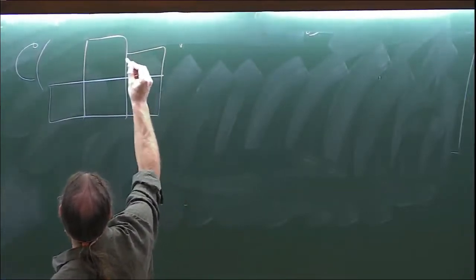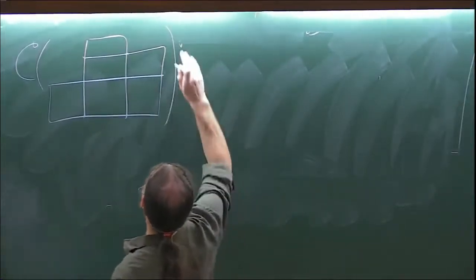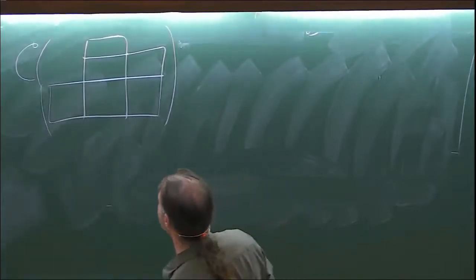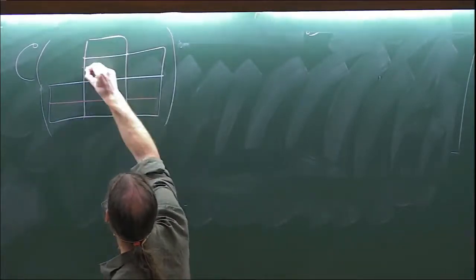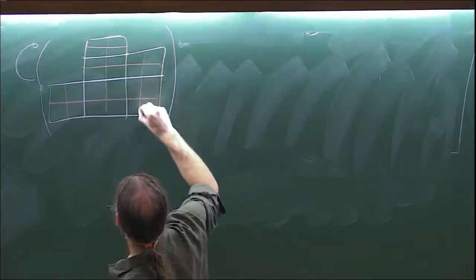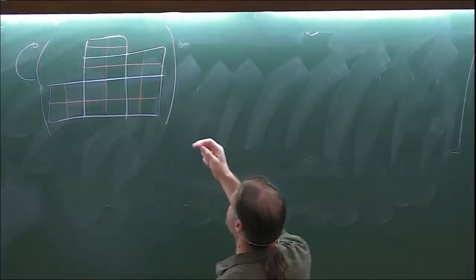Here's some simple cube complex. You could draw the hyperplanes here. There's 1, 2, 3, 4, 5, 6 hyperplanes, and then you could start to look at their intersection patterns.